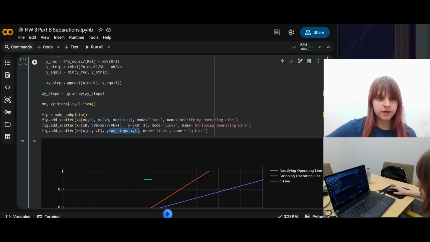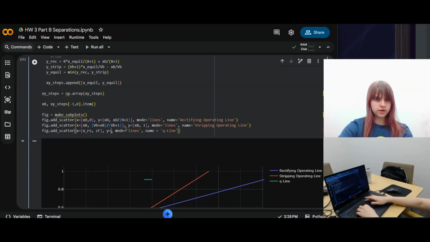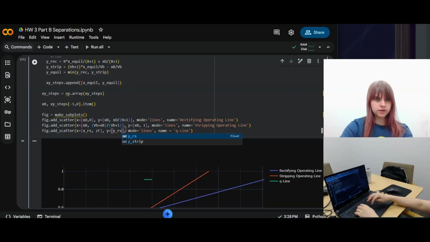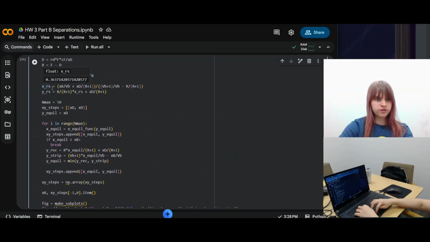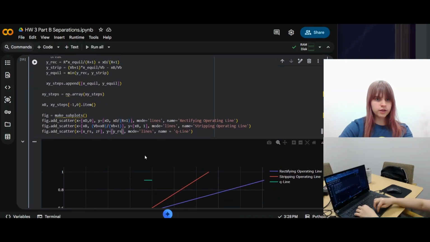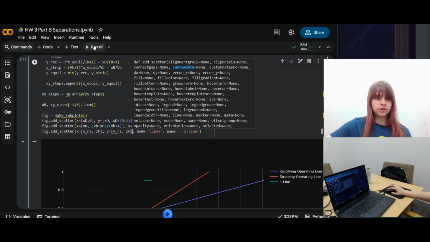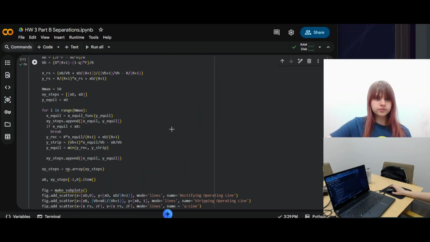Okay, I completely mixed up this with the next step, but this should be similar to the X and be the Y underscore RS, which was the intersection between the rectifying and stripping lines until the feed, and I'm going to run that and see if it got fixed. So it looks much better.